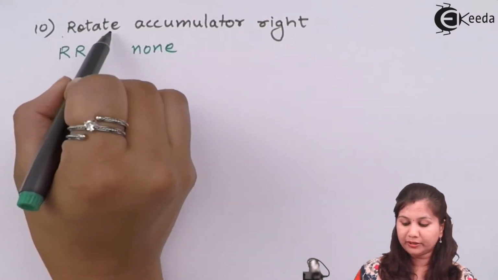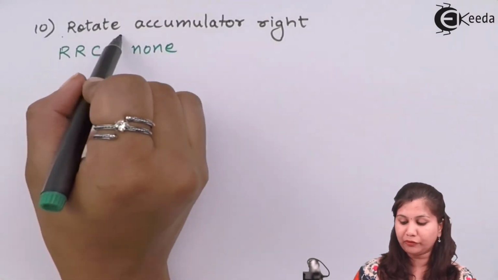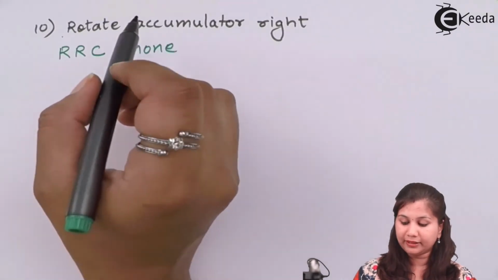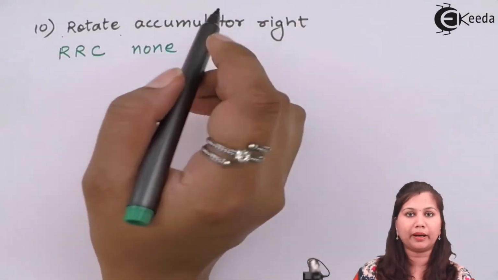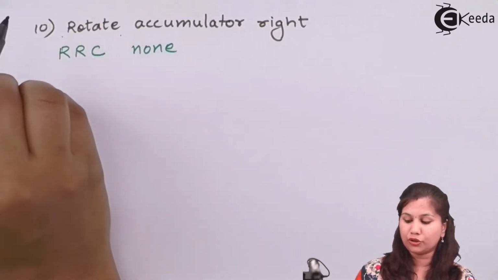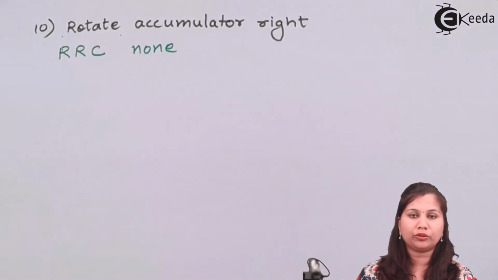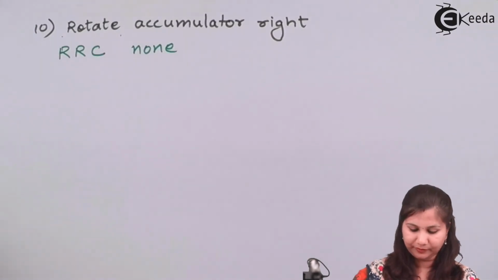So the rotate operation has to be performed on the accumulator, and the contents of the accumulator are rotated to the right hand side by 1 bit position. So all the bits will be rotated or shifted to the right hand side by 1 bit position.